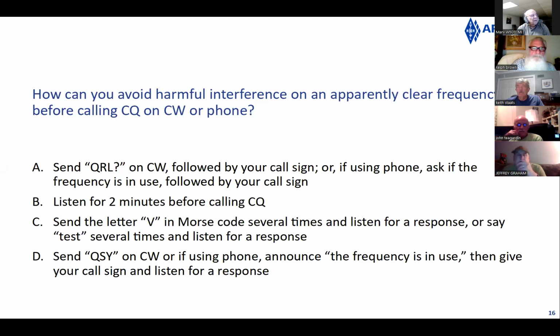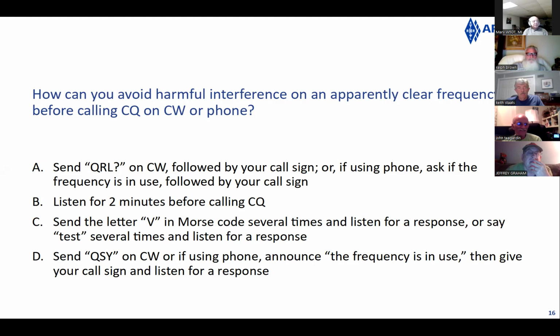How can you avoid harmful interference on an apparently clear frequency before calling CQ on CW or phone? Send QRL on CW followed by your call sign, or if using phone, ask if the frequency is in use, followed by your call sign. Listen for 2 minutes before calling CQ. Send the letter V in Morse code 7 times and listen for a response, or say test several times and listen for a response.